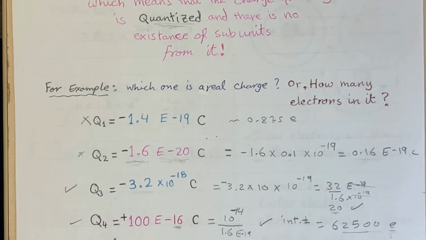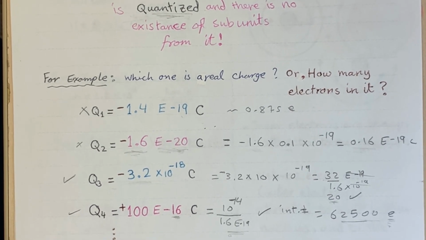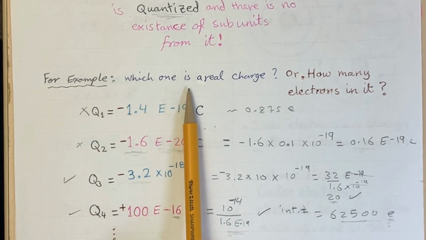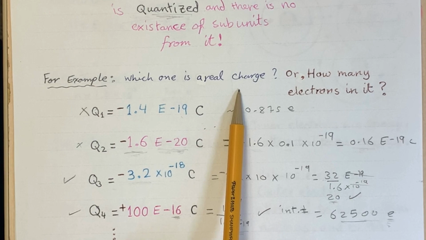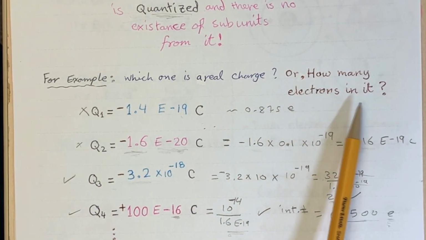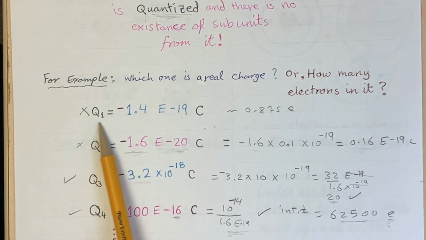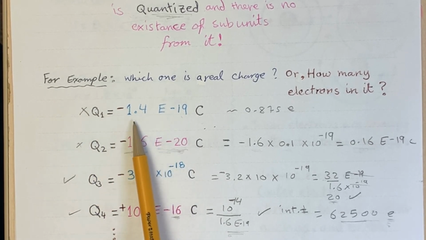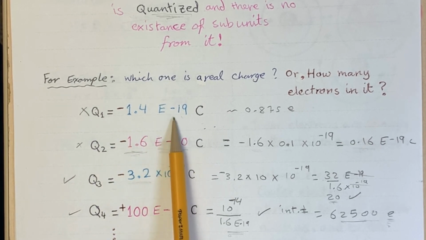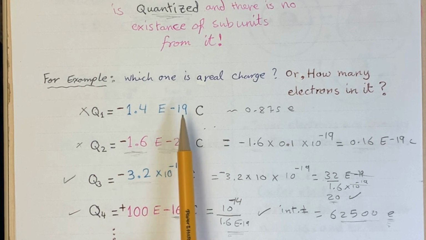We can apply some examples here with some quantities. You can see this question: which one of them is a real charge, or in different words, how many electrons or protons are in this charge. We have Q1, the first charge, and I assume that this charge is negative 1.4 times 10 to the negative 19.